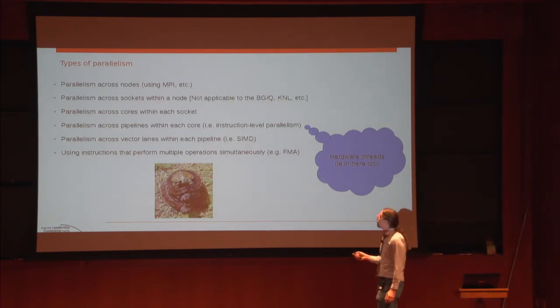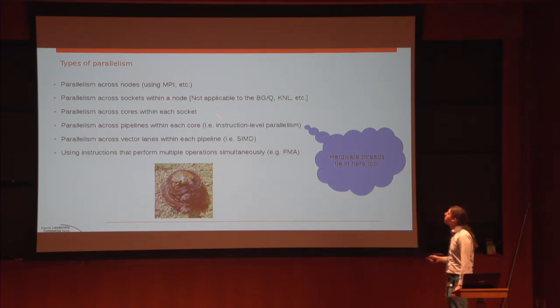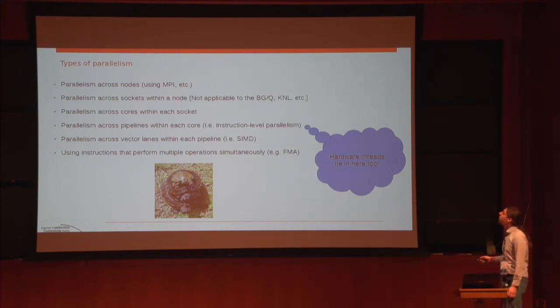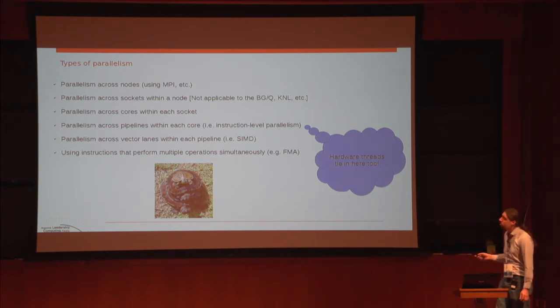Okay, so let's go back and talk about different kinds of parallelism, and we've talked about several of these. Obviously, the top level of parallelism is using MPI across nodes. Then you often have parallelism across sockets within a node.